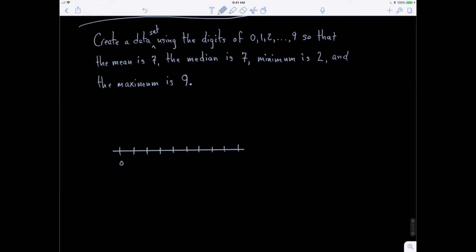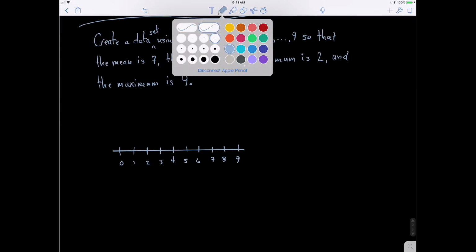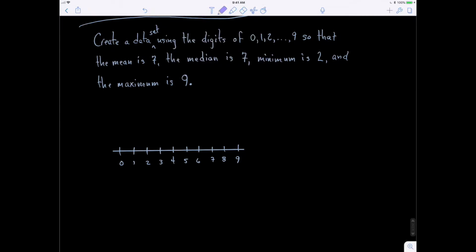So let's label these: 1, 2, 3, 4, 5, 6, 7, 8, and finally 9. Let's get the easier parts down first. Notice it says the minimum is 2. We're going to start right here, so I'll put a dot right here at 2.